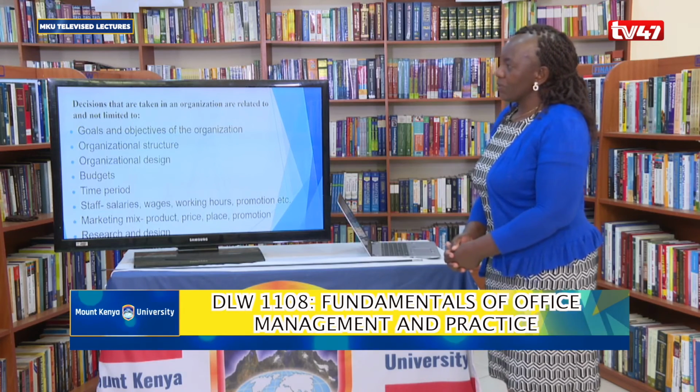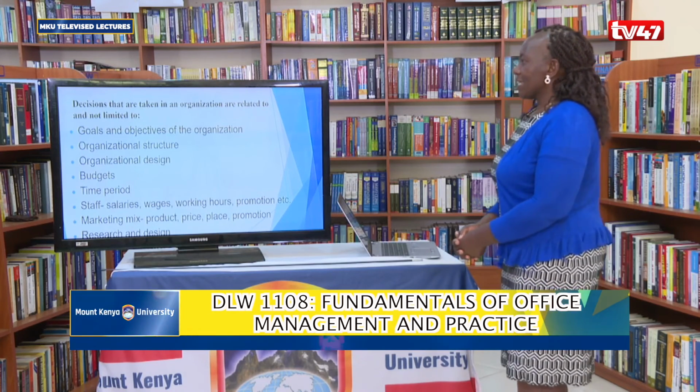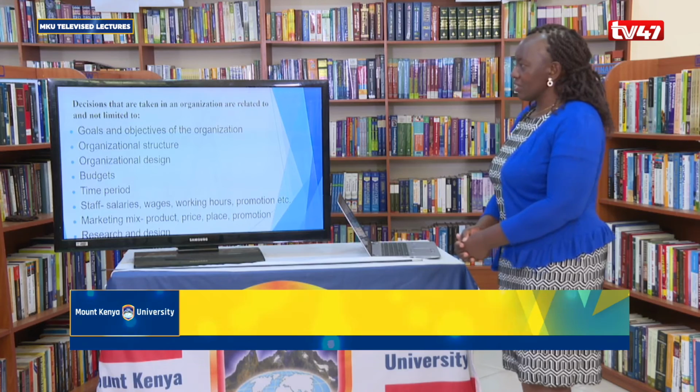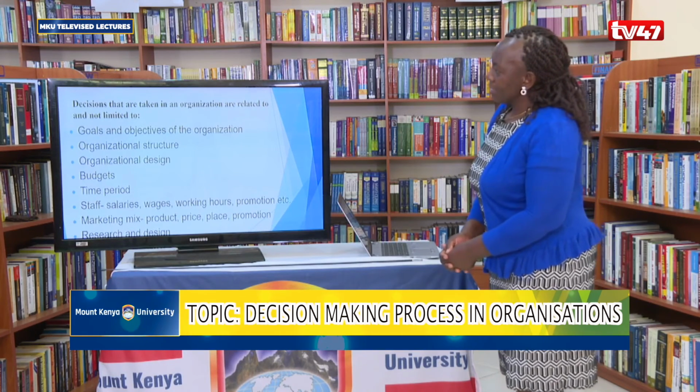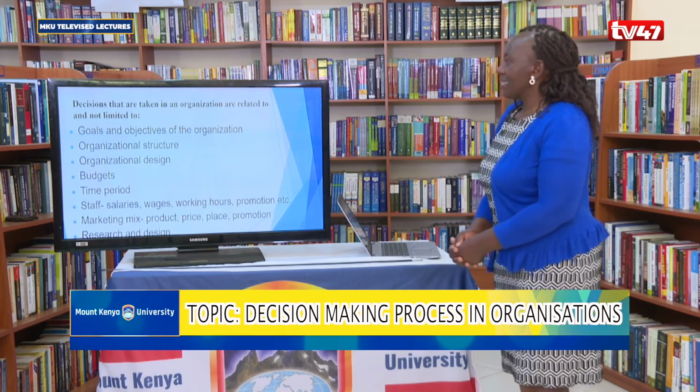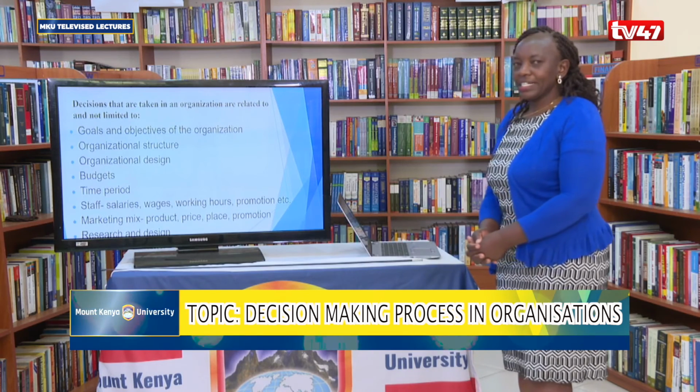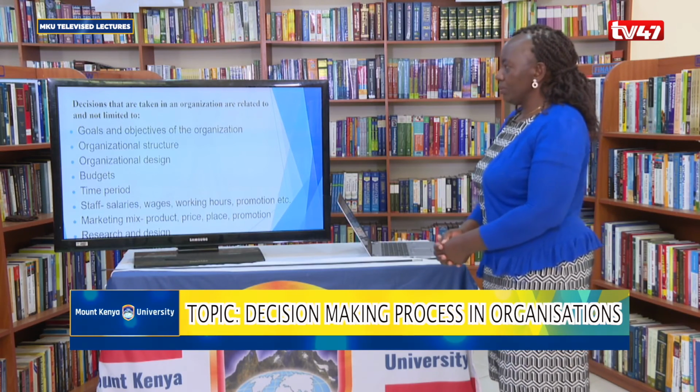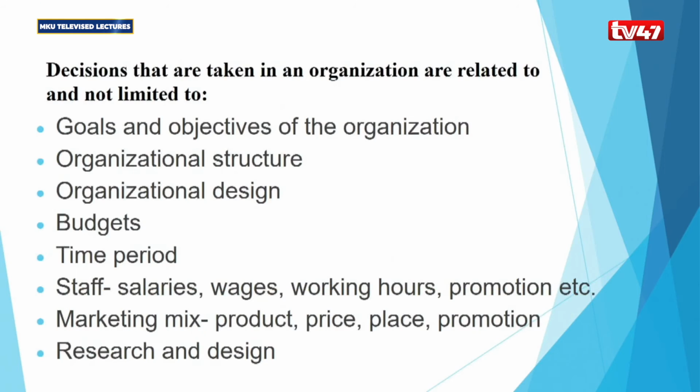So next we look at decisions that are taken in an organization, and these decisions are related to, and not limited to: one, we can make decisions on goals and objectives of the organization. We can also make decisions concerning the organizational structure.